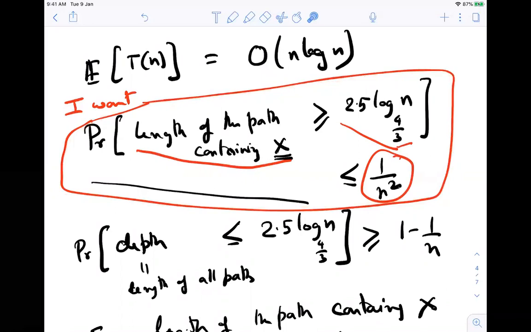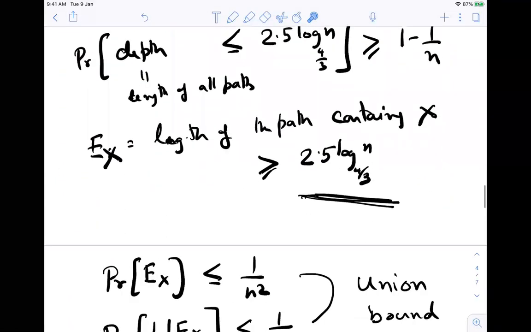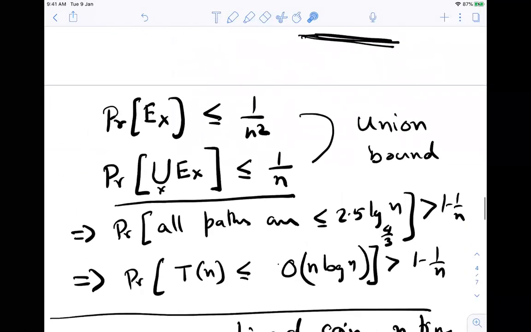You can do much better than 2.5, you can do a lot of things, and you can have some pretty nice results there. Note that this Chernoff is essential because with Markov and all, you don't get 1 by n square. And if you don't get 1 by n square, you cannot apply union bound and obtain this result.